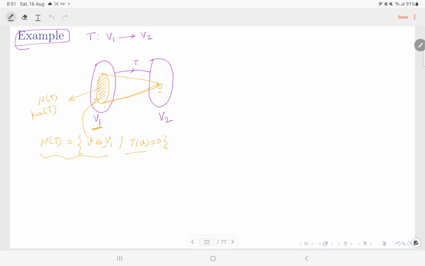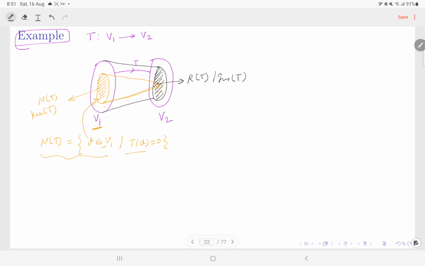Now what is the range of T? We are looking for vectors in vector space V2 which are the images of all the elements of vector space V1. Now we are looking for this whole set of vectors. This is your range of T, or in some literature or papers, the image of T. These two are the same.